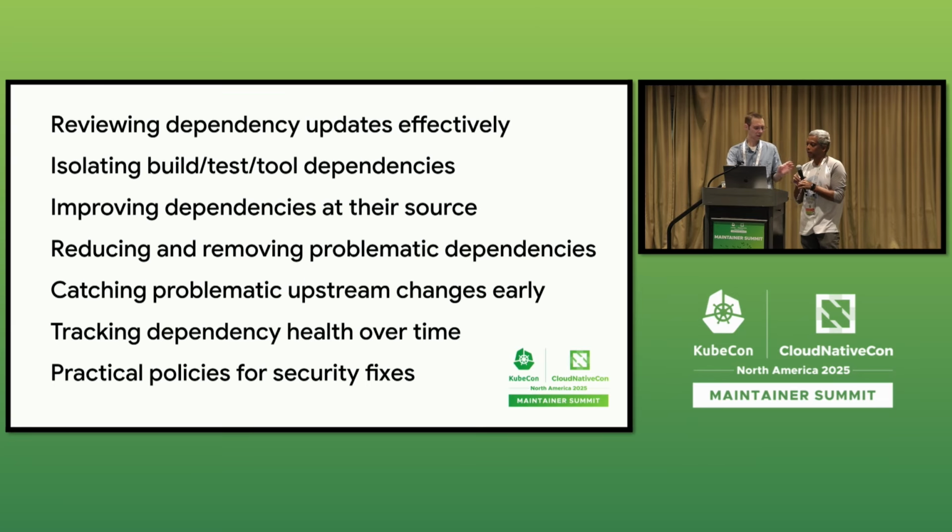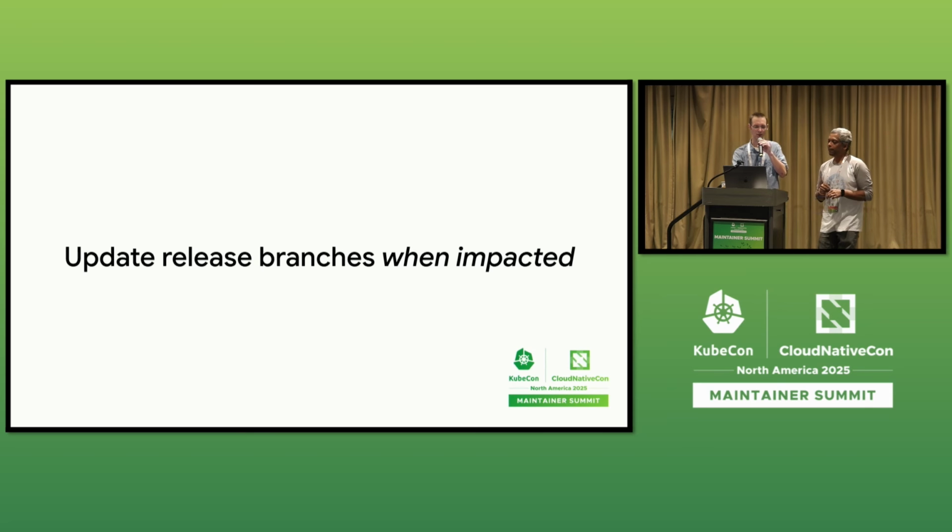You want to talk about this one? Yeah. So keeping master up to date so that the delta between what we're using on our development branches and the latest releases of projects is as small as possible. That's a good practice, but we only update our release branches when they're actually impacted by a security vulnerability.